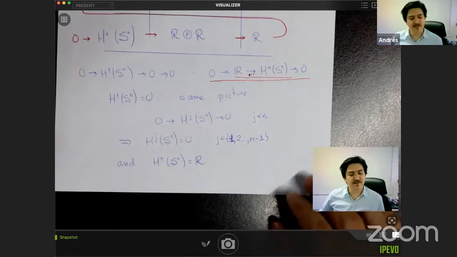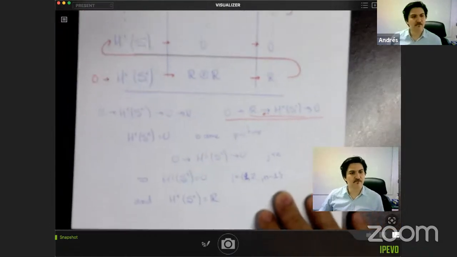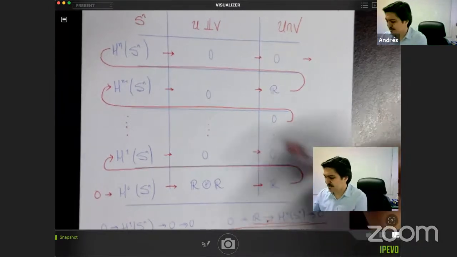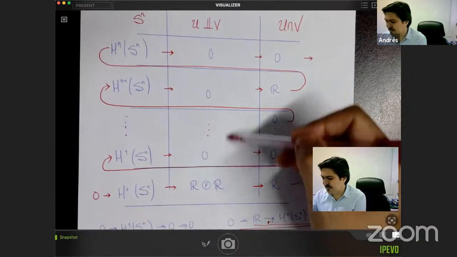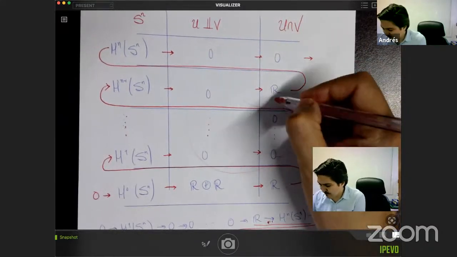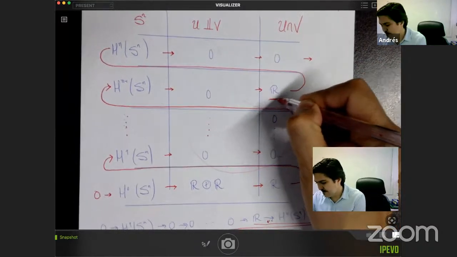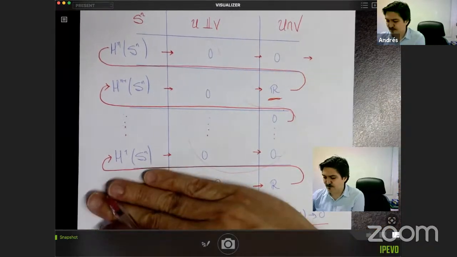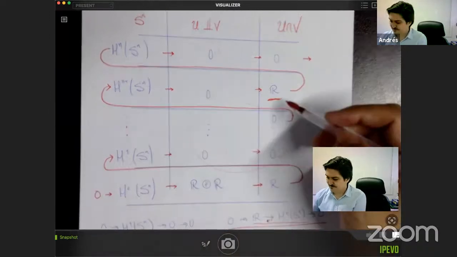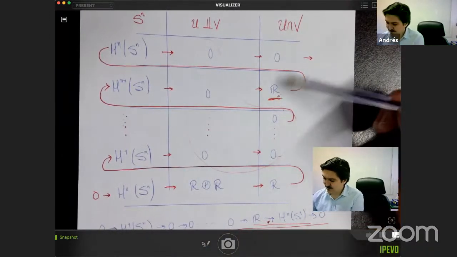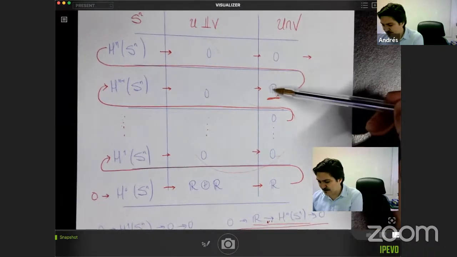So the argument is more or less straightforward because we have many zeros here. This is the only non-zero vector space. That's the only one, from degree 1 and up. Everything is zero because this is non-zero.